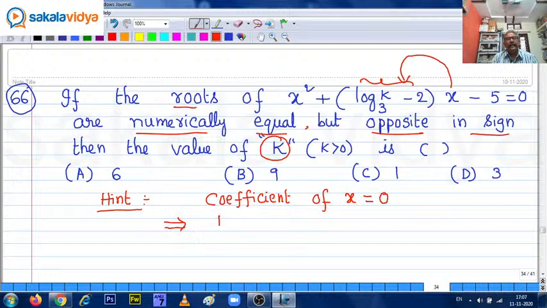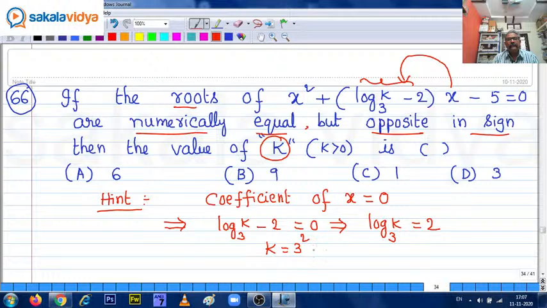So that means log k to the base 3 minus 2 is equal to 0. That implies log k to the base 3 is equal to 2. Now change into exponential form. k equals 3 square. 3 square means 3 into 3, 9. So yes, option B is the right option.